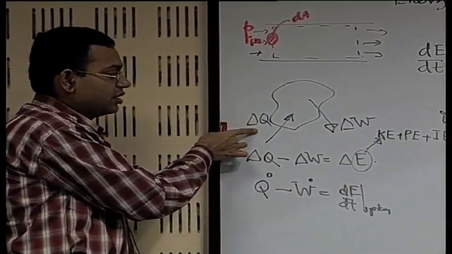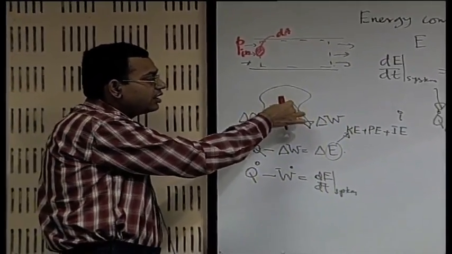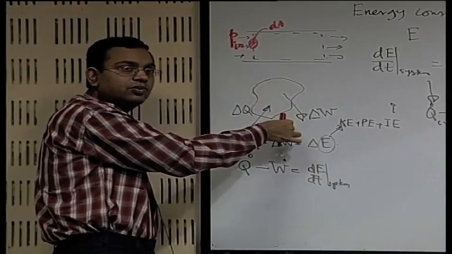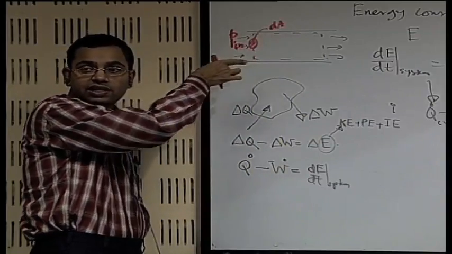You see this consistency with the first law of thermodynamics. Any energy in the form of work, if it is transferred from the inside of the system to the outside, is positive. Here the energy is being put into the system, so that is negative work.